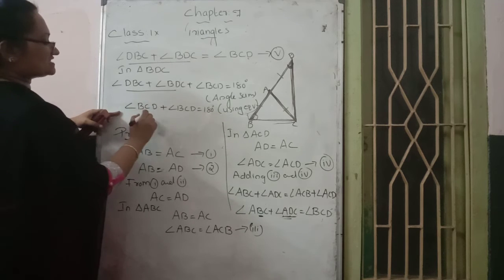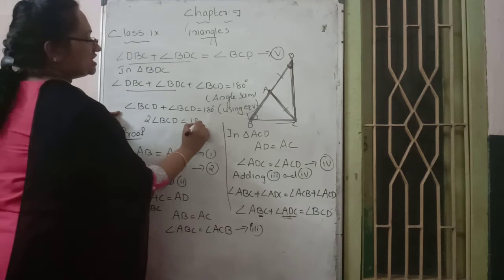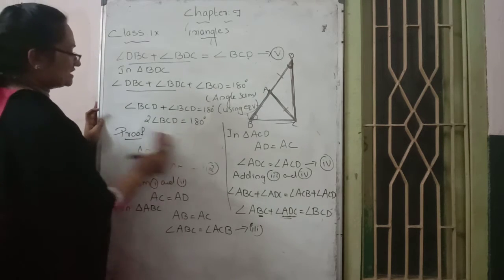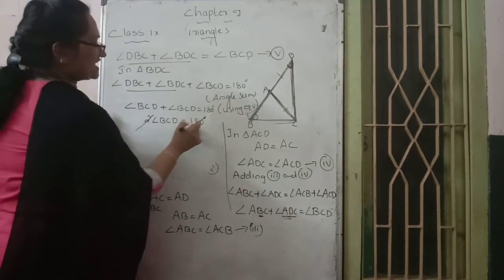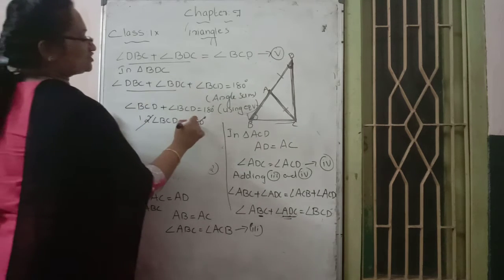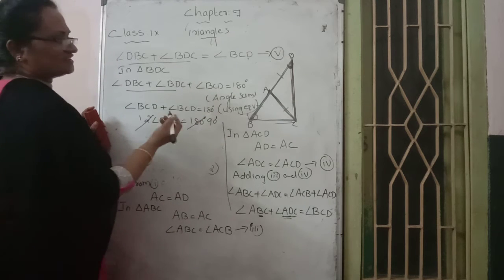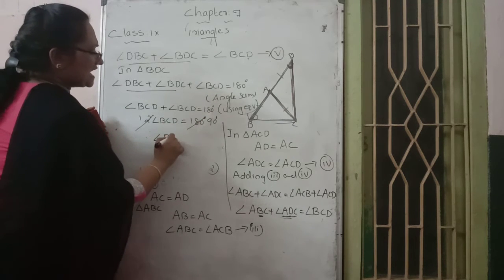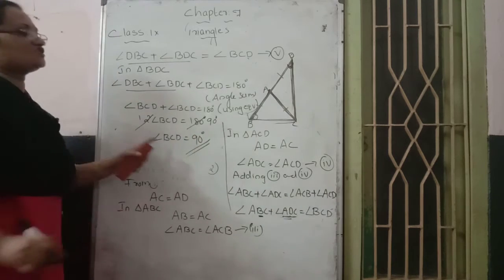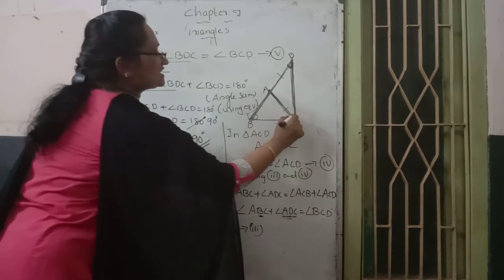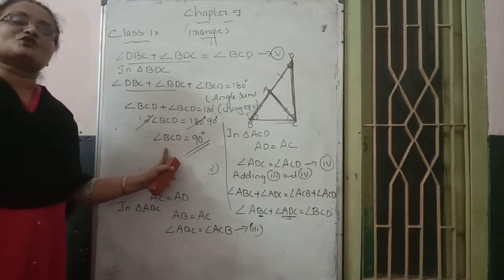So 2 times angle BCD is equal to 180 degrees. The 2 cancels, and 180 divided by 2 is 90. Therefore angle BCD is 90 degrees at vertex C. Hence we prove the question.